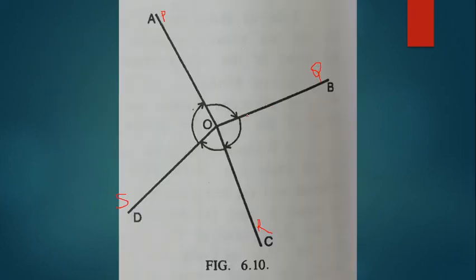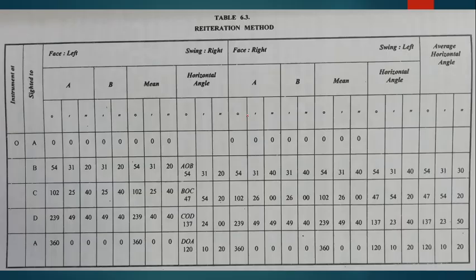Let us go to the table form: POQ or AOB. Now we have rotated the telescope onto B.